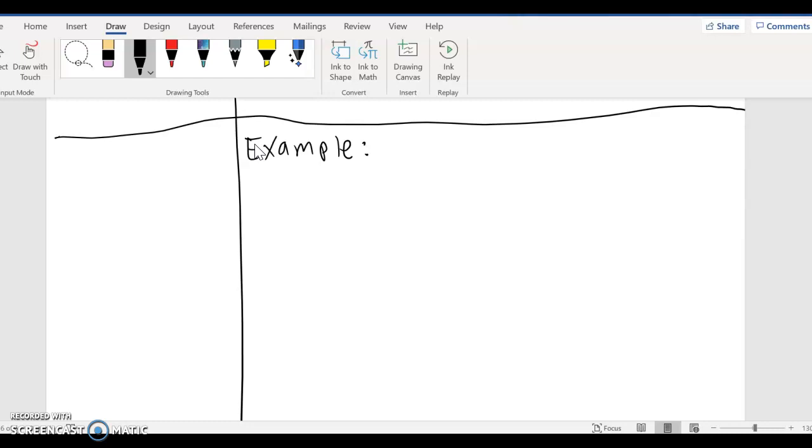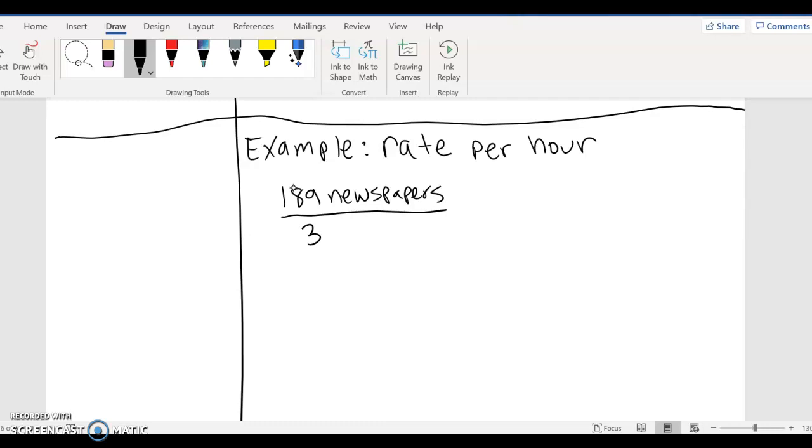So, our first example: we have a girl delivering newspapers, and we want to find her delivery rate per hour. So, we know that Jada can deliver 189 newspapers every 3 hours.